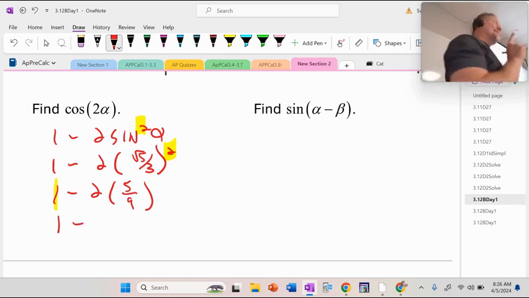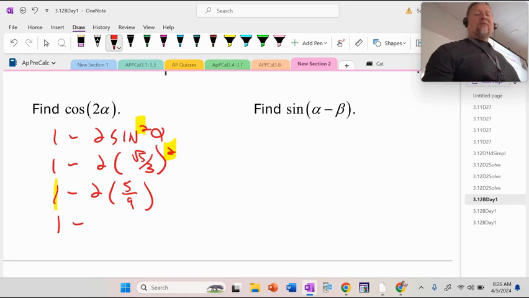So 2 times 5 is 10, 10 ninths. You know what 1 minus 10 ninths is? Negative. Okay, this is 9 ninths, so negative 1 ninth. I crossed off the 1 and made it 9 ninths.